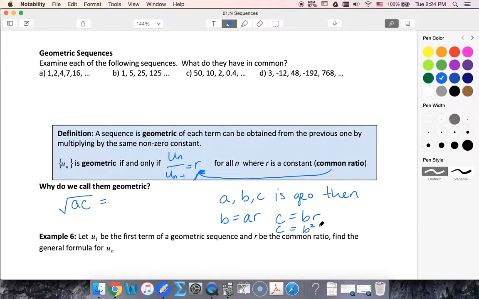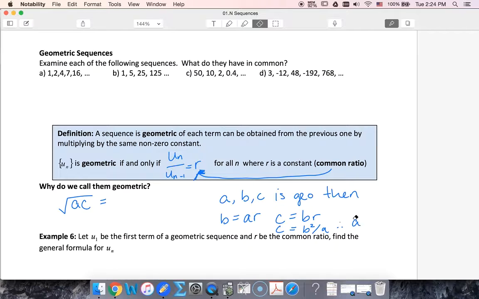B squared over A. Therefore, AC is equal to B squared.